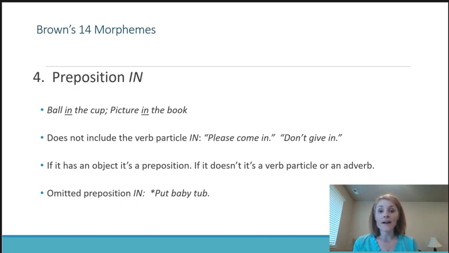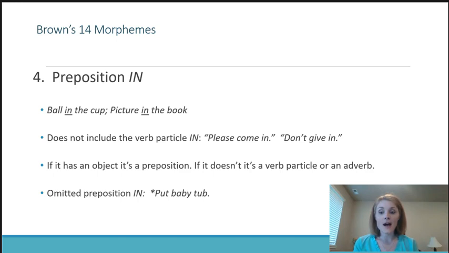So a way to tell if this is truly a preposition or if it's a verb particle or adverb is whether or not it has an object. So if in is being used as a preposition, it will always have an object. So in picture in the book, the book would be the object of the preposition. If it doesn't have an object, then it's being used as a verb particle or an adverb.